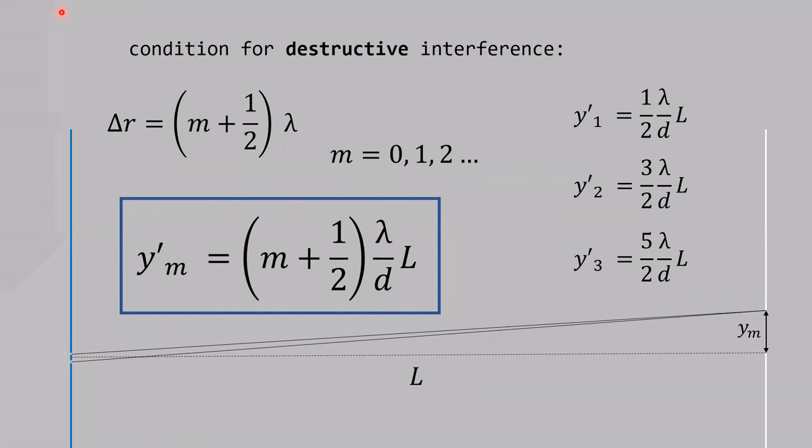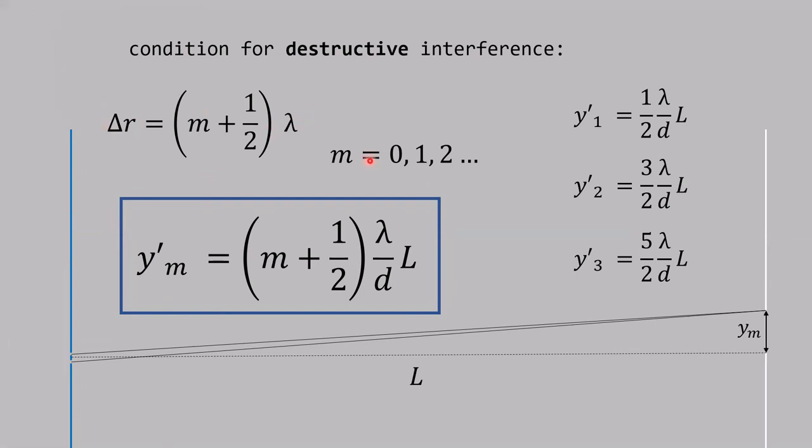That's pi, 3 pi, 5 pi, etc. But because there's no inherent phase difference, that condition reduces to the requirement that the path length difference must not be lambda or 2 lambda or 3 lambda, because that would give you constructive interference. The path length difference must be a half integer multiple of the wavelength. In other words, half a wavelength, or 1.5 wavelengths, or 3/2 wavelengths.